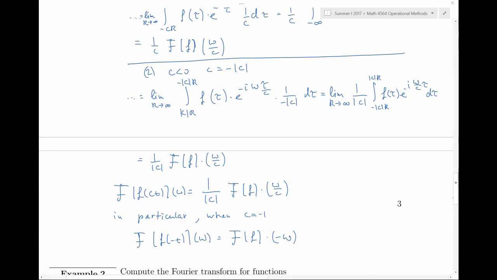If c is much greater than 1, the function is squeezed to almost a single point. And in terms of the spectrum, the effect is the exact opposite. The spectrum of the function, f hat of omega, is being dilated by the same factor c. And if you studied quantum mechanics, this is exactly the math behind the Heisenberg uncertainty principle.